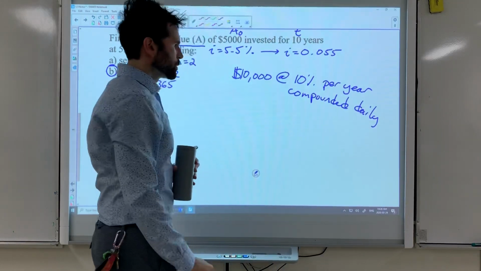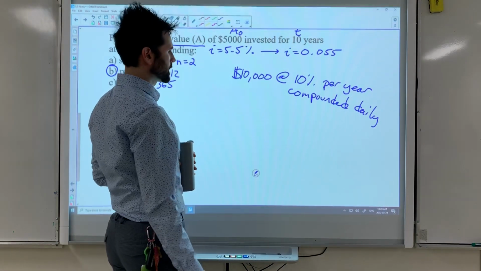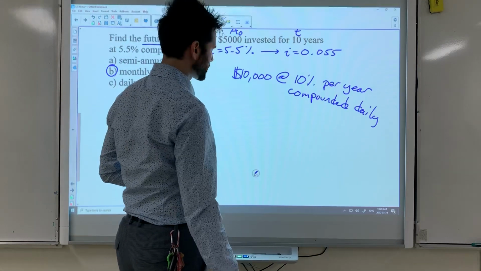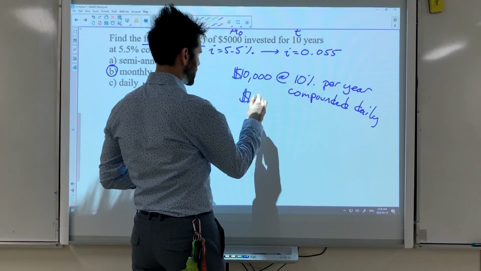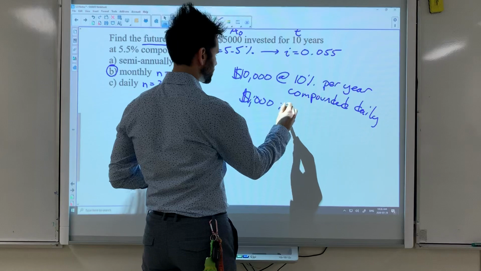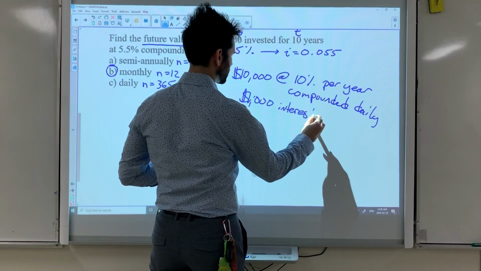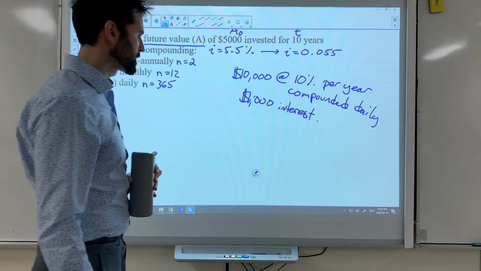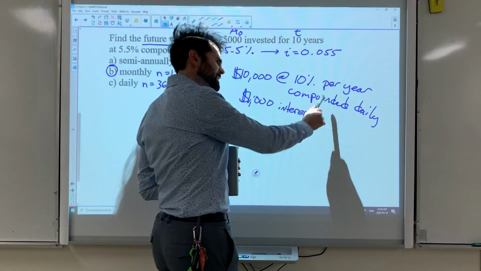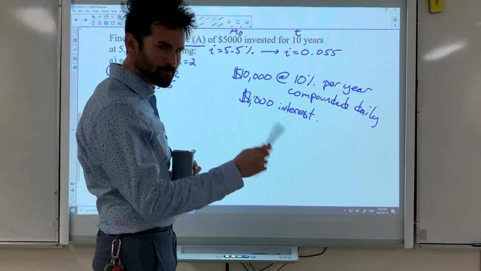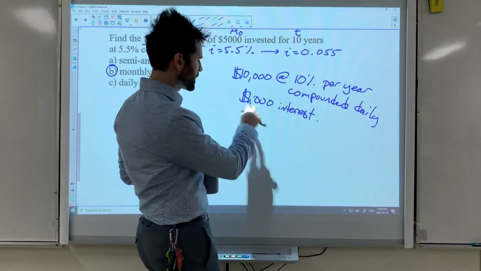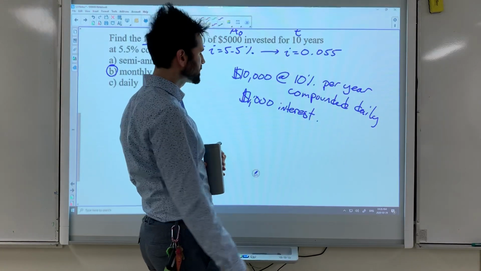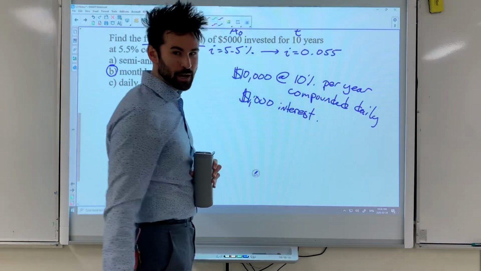So what the bank does is they say, okay, 10% per year, you're going to give us $1,000 of interest for the year. This compounded daily thing, so what's that? It means that every single day, they're going to split up this $1,000 interest, and they're going to add it back to the amount that you owe.